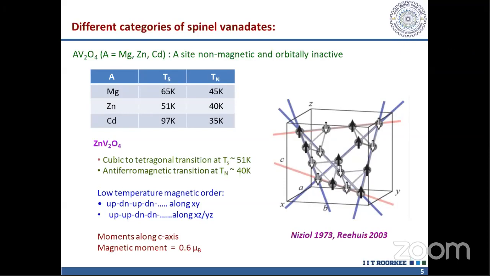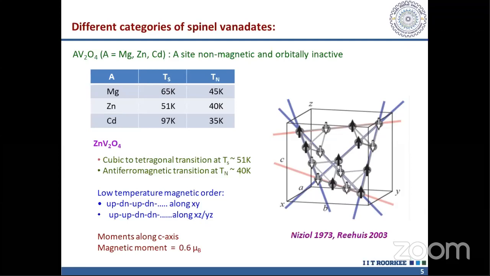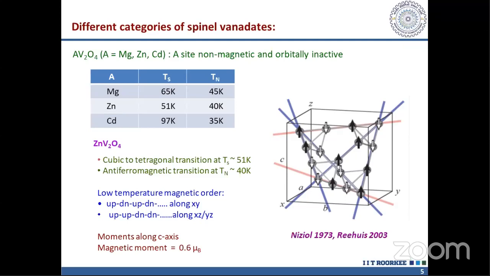So does it lift the orbital degeneracy, where the eg orbital degeneracy is partially lifted? I mean, one electron goes to the xy orbital because there is a compression along the c direction, but the other electron still remains in a degenerate state. I see. Okay. Thank you.